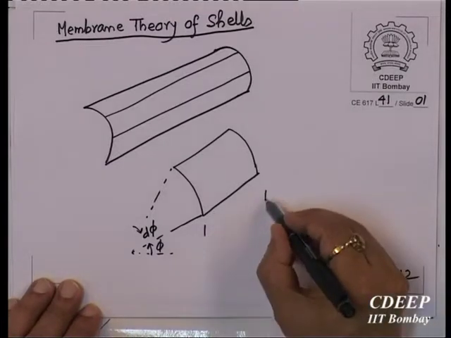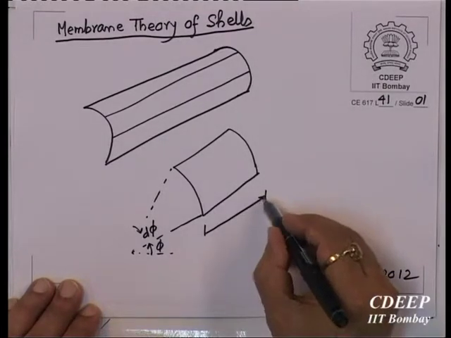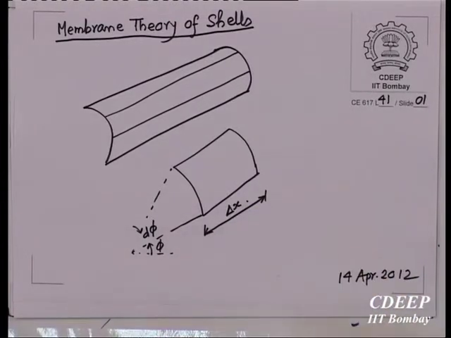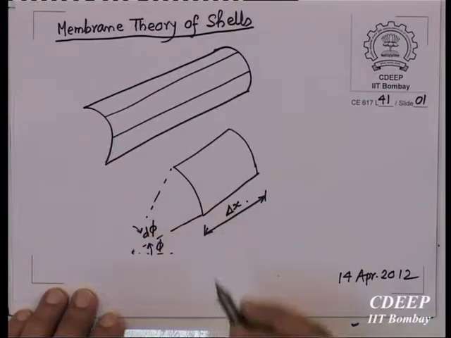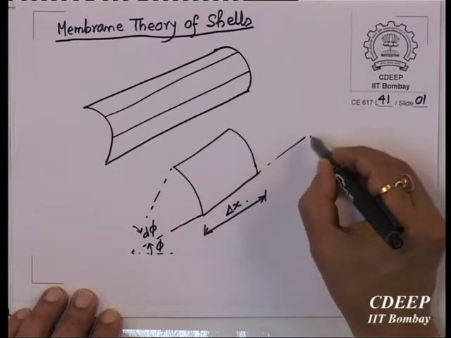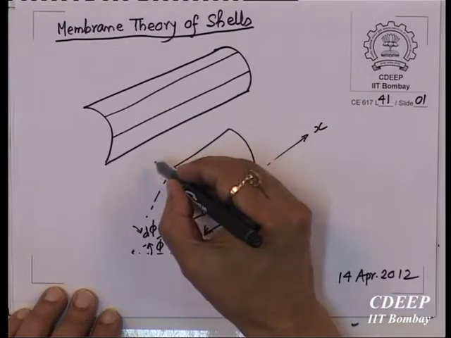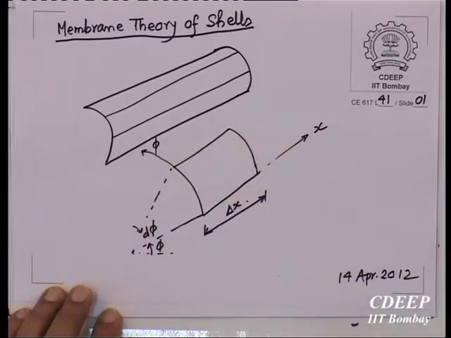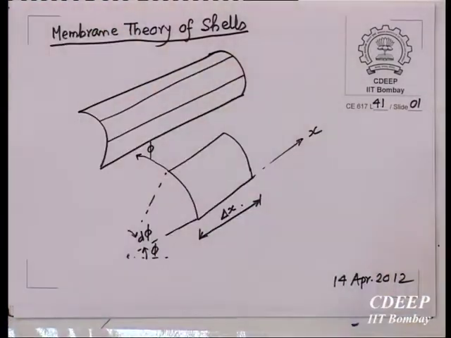So, you see this is dx and this is r d phi. So, what are the forces that will be acting on this?